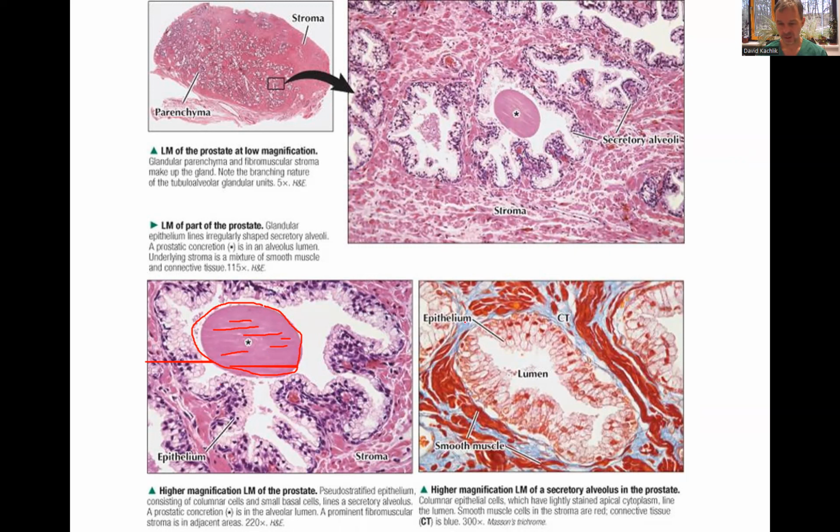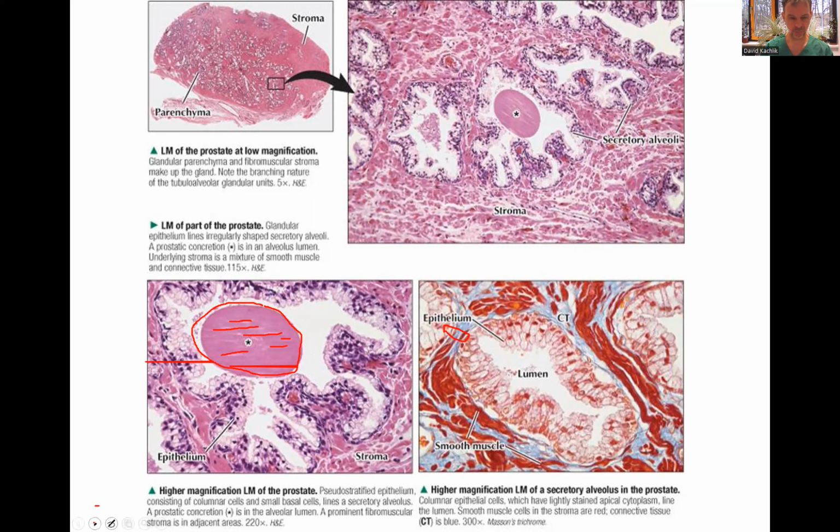What you can nicely see here is the fibromuscular stroma. The red part is smooth muscle cells, and the blue part are collagen fibers of the connective tissue. So this is specific to distinguish prostate from other organs.